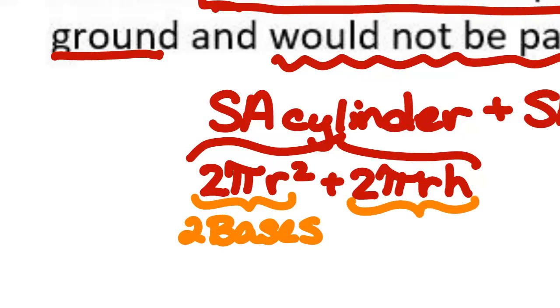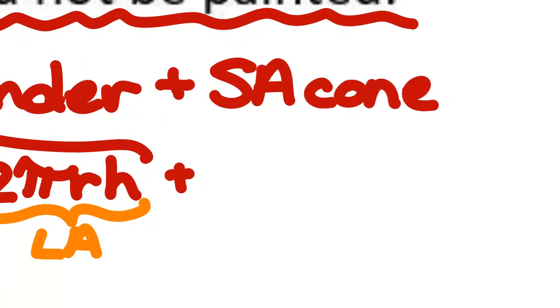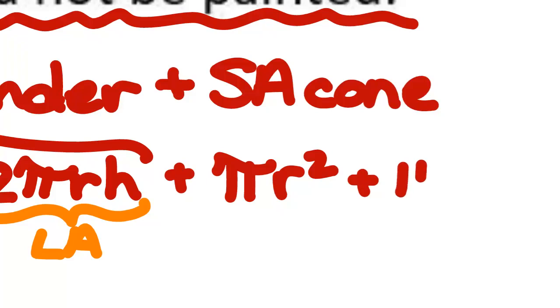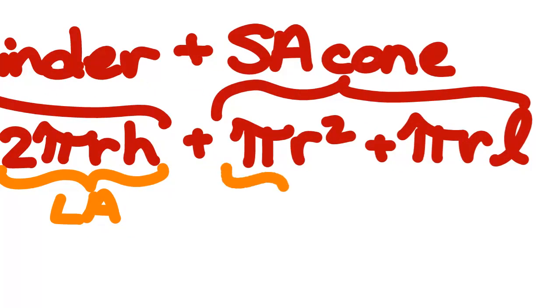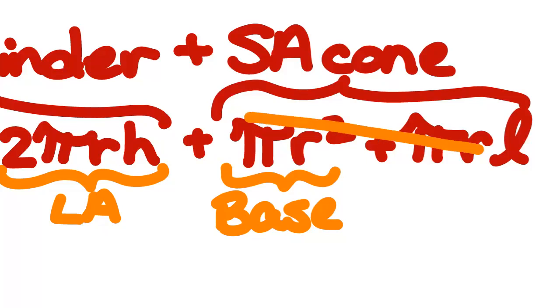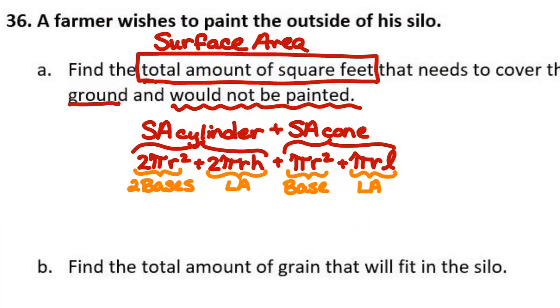And 2 pi r h is the lateral area. For the cone, we have pi r squared plus pi r L for my slant height. Pi r squared is the area of my one base. And pi r times slant height, that is the lateral area of the cone.